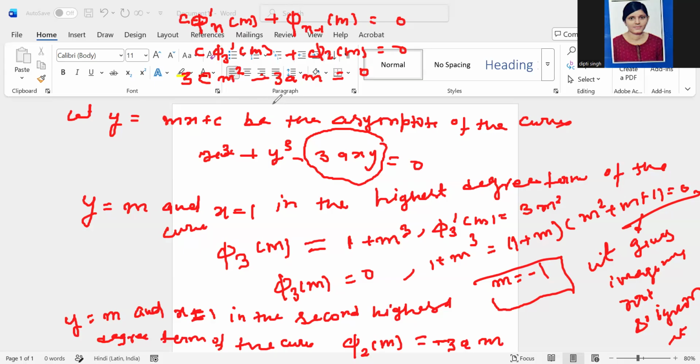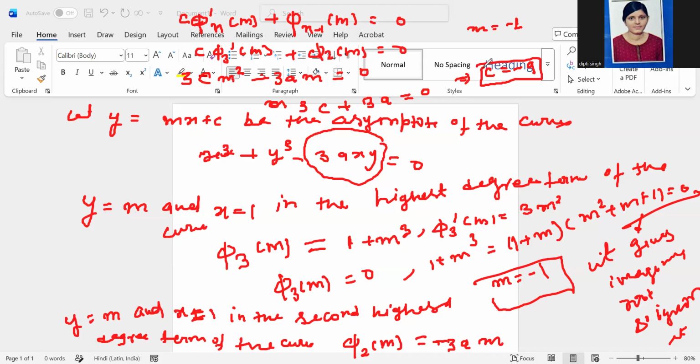Now since we can take m common, and we have the value of m as minus 1, just put it here. So we get 3c plus 3a equal to 0. So c equals minus a. Is that clear or not?